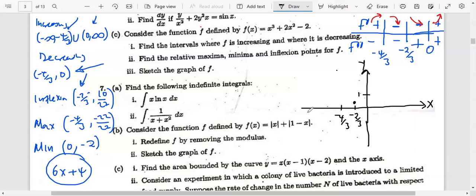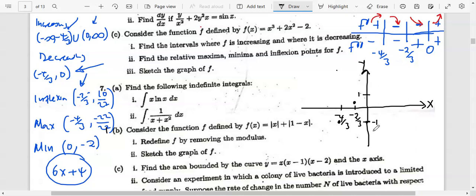And then I've got negative 4 over 3, comma negative 22 over 27. Meaning that this is going to be on the negative side. Negative 22 over 27 is a number that is bigger than negative 1, since these are negatives. So if negative 1 is here, it's going to be somewhere just near but below.